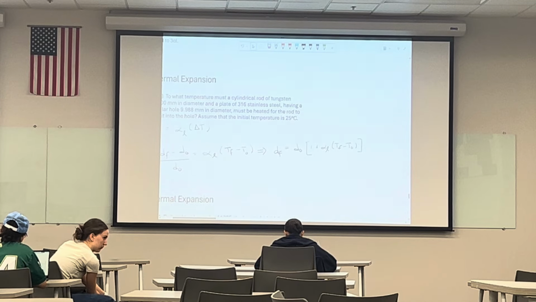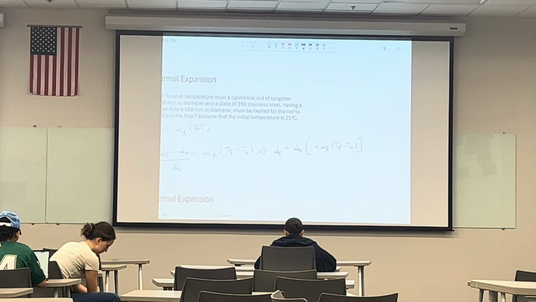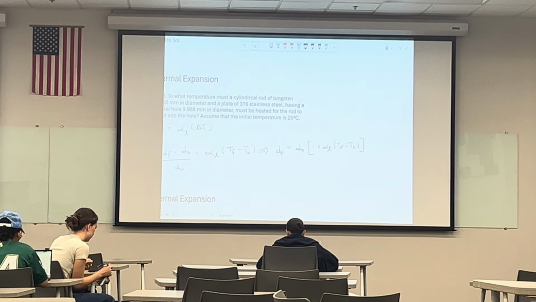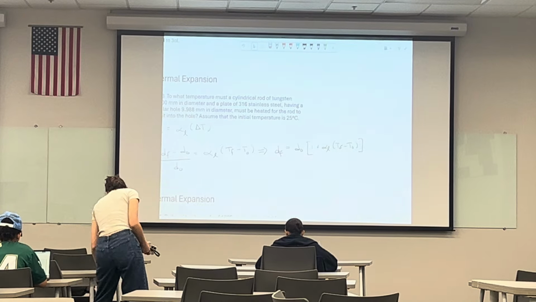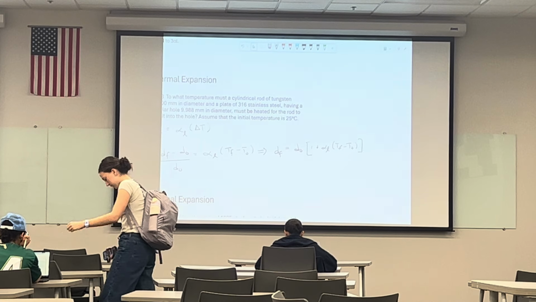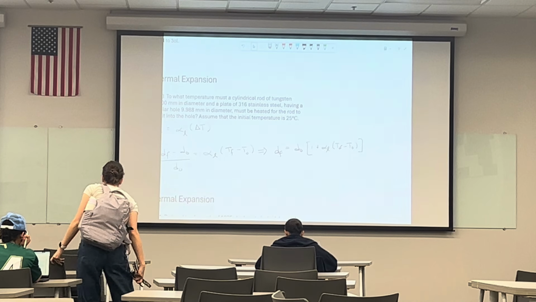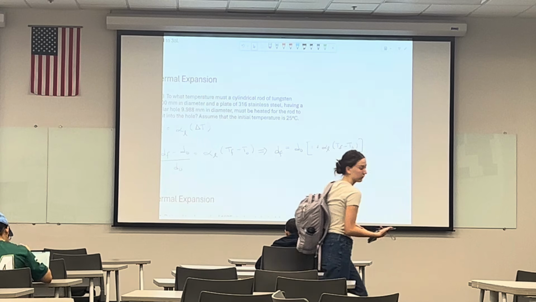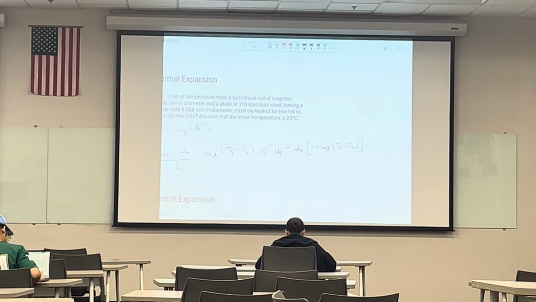At this point, it is useful to establish the expressions for the final diameters of the stainless steel and the tungsten, then set them equal to each other and solve for the final temperature.